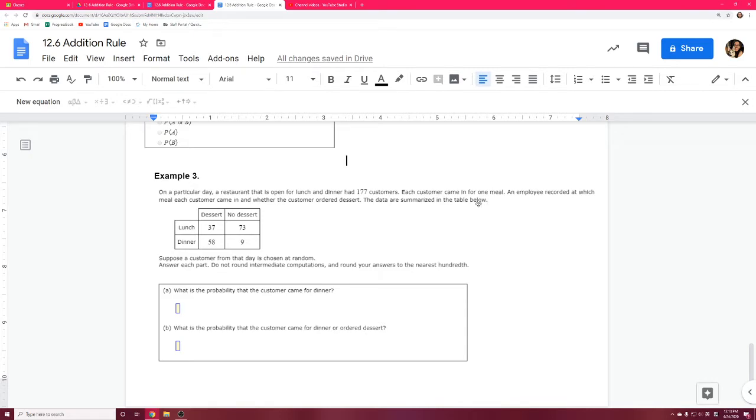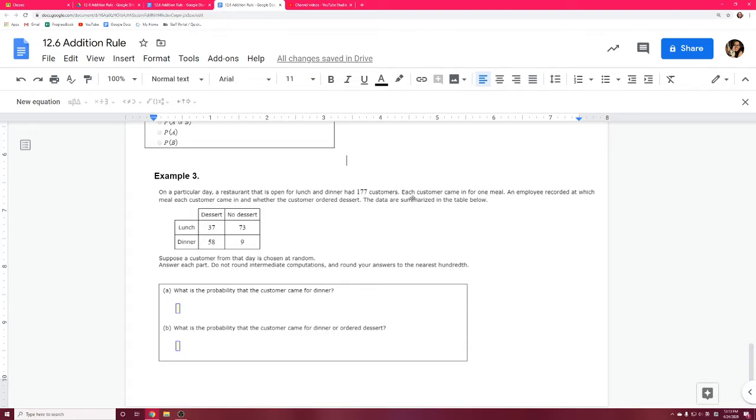An employee recorded which meal each customer came in for and whether the customer ordered a dessert. The data is summarized in the table. Suppose a customer from the day is chosen at random. Answer each part. Do not round intermediate computations, and round your answers to the nearest hundredth.